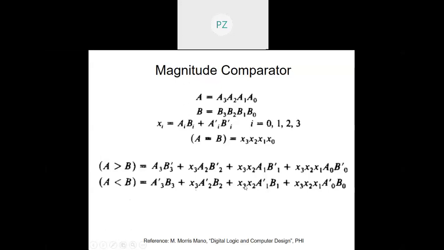Or a3 b3 are equal, a2 b2 are equal, but a1 is less than b1. Or a3 b3 are equal, a2 b2 are equal, a1 b1 are equal, but a0 is less than b0. Then only A will be less than B. If that is not the case, I'll say A is not less than B, and A is not greater than B.